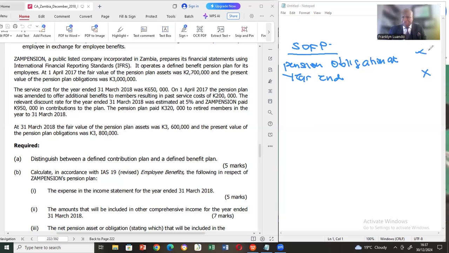This could be in kwacha. And then we have the pension asset.